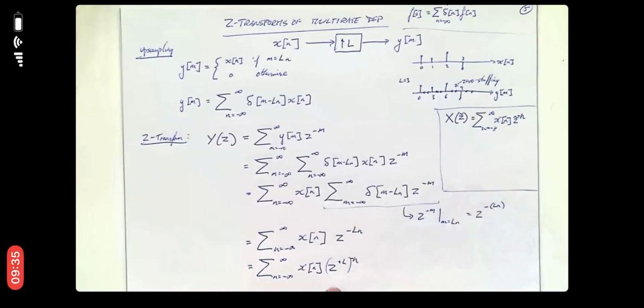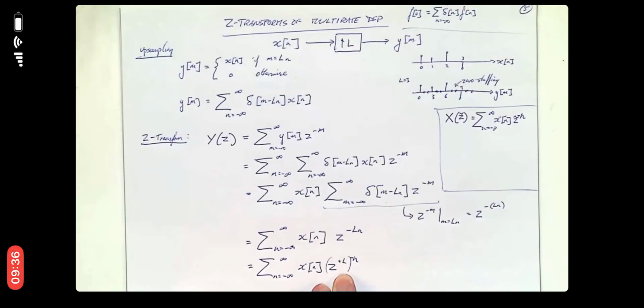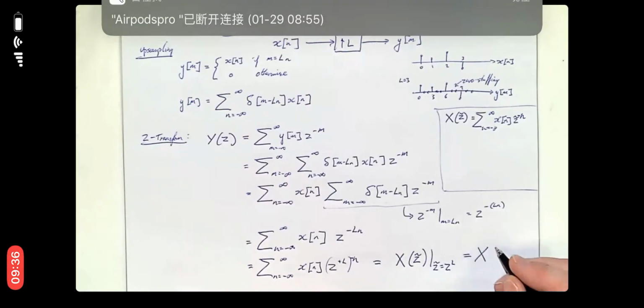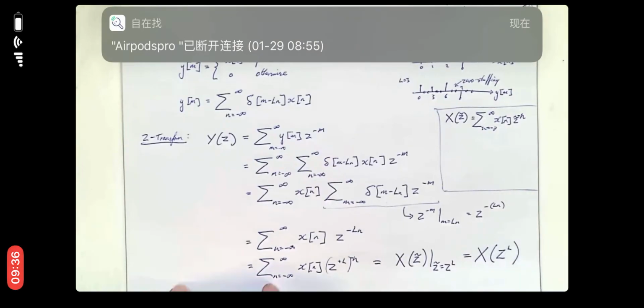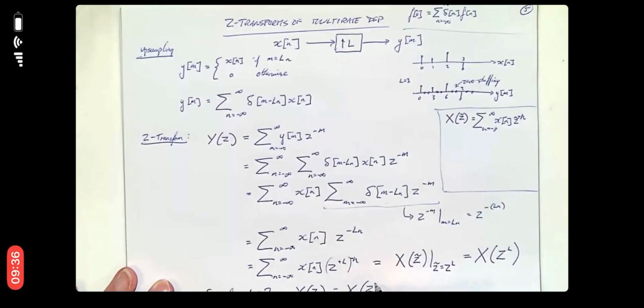This is the Z transform of x, but instead of using z, we've got z to the power L. So this is actually the Z transform x of some z tilde with z tilde equals z to the L. Or in a simpler way, you could just write it as x of z to the L. So, for example, for L equals 2, y of z is equal to x of z squared.